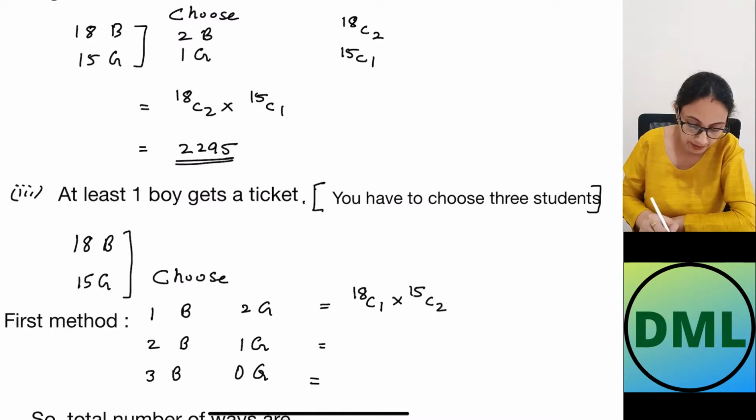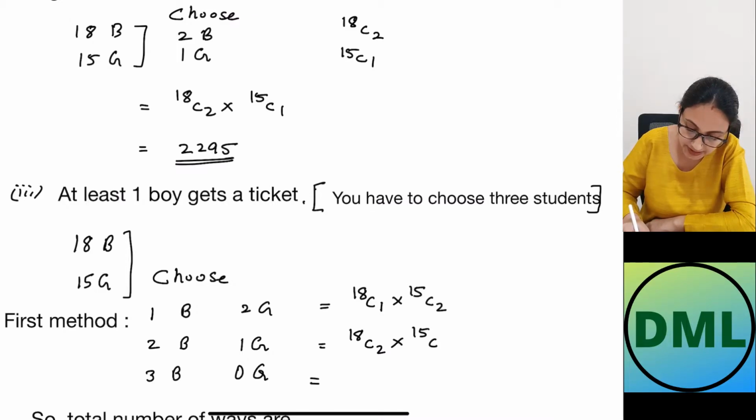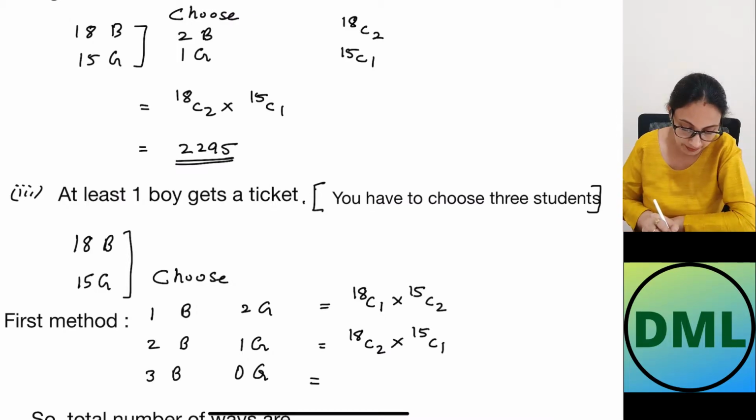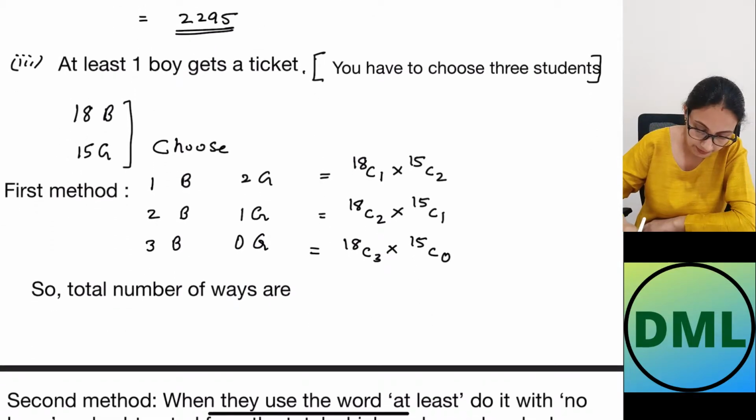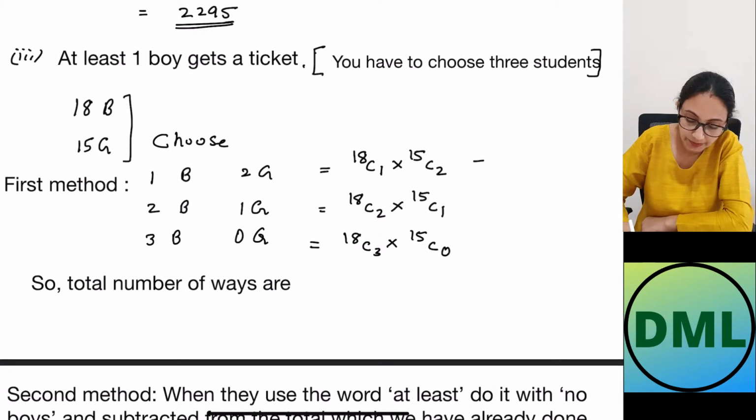Now here I am picking 2 boys, 18C2, multiplied by picking 1 girl, 15C1. Now here I am picking 3 boys, 18C3, multiplied by picking 0 girls, 15C0. Now if you solve it, your answer will be equal to 1890.